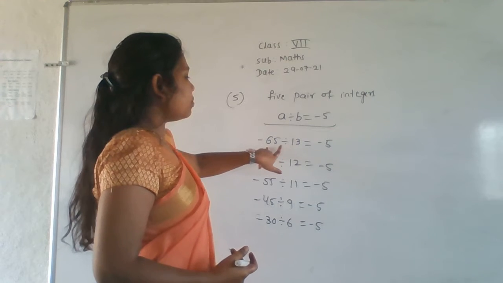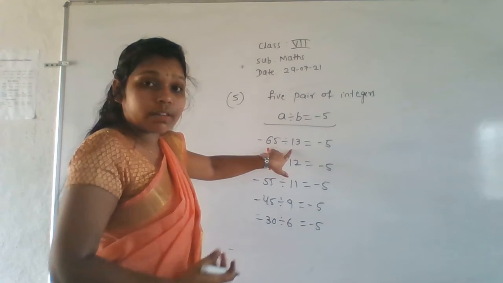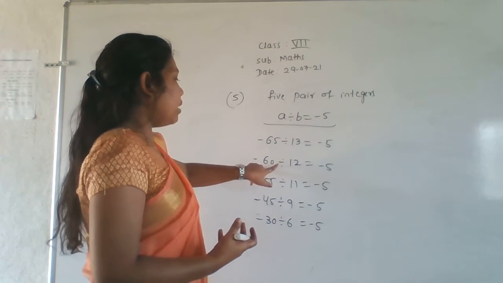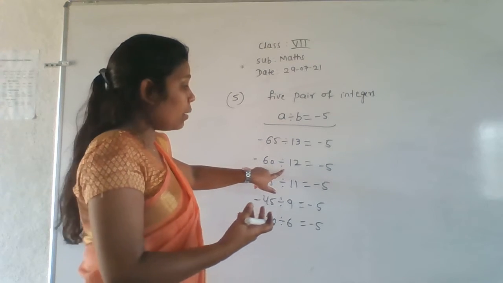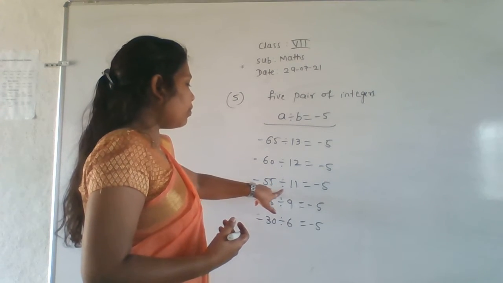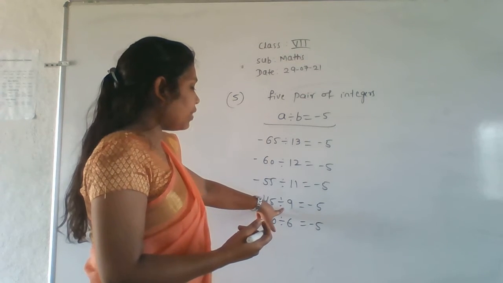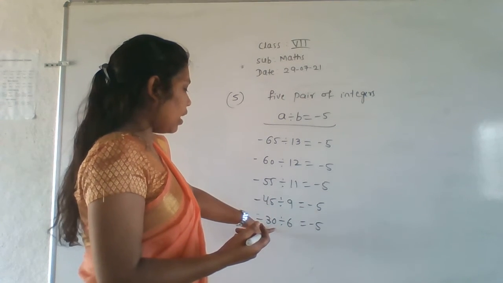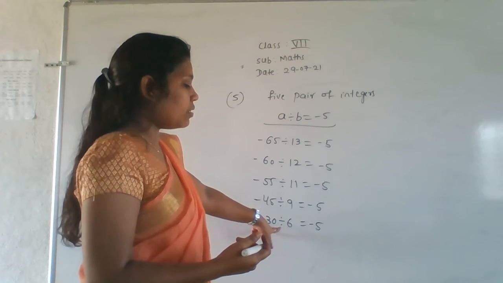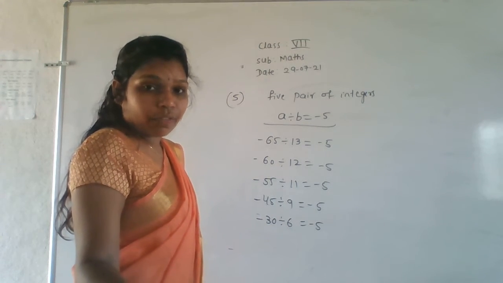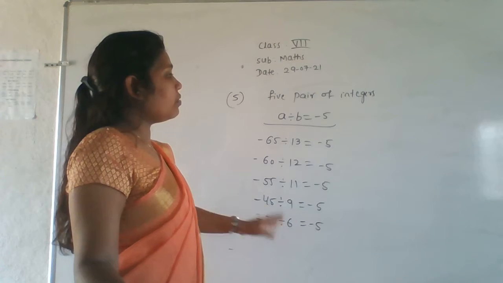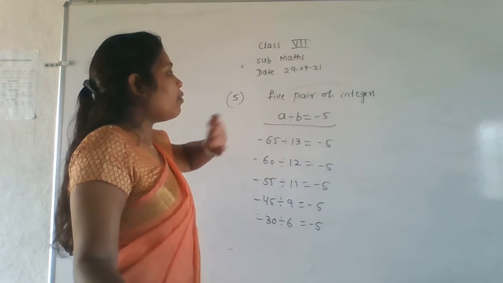Your two integers means minus 65 divided by 13. What is the answer here? Minus 5. And minus 60 divided by 12 will be minus 5, and minus 55 divided by 11 will be minus 5. And next, minus 45 divided by 9 will be minus 5, and minus 30 divided by 6 will be minus 5. So like this we have to write the 5 pairs of integers.